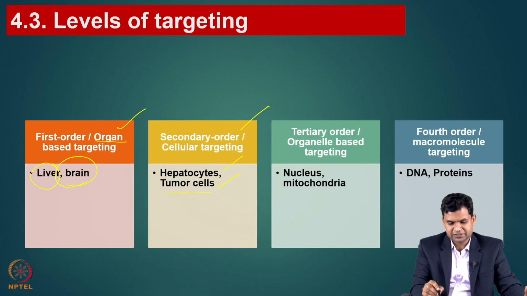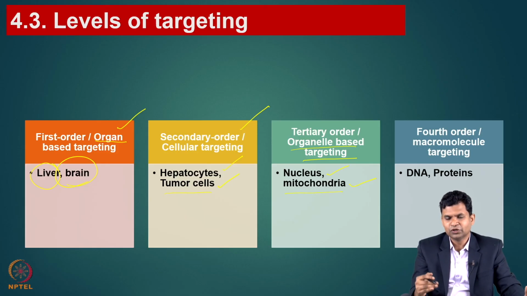The third one is tertiary order, organelle based targeting. This is highly approachable targeting, and here you can also target the nucleus, the mitochondria and other organelles of the cells. In all these cases the targeting approach will vary.